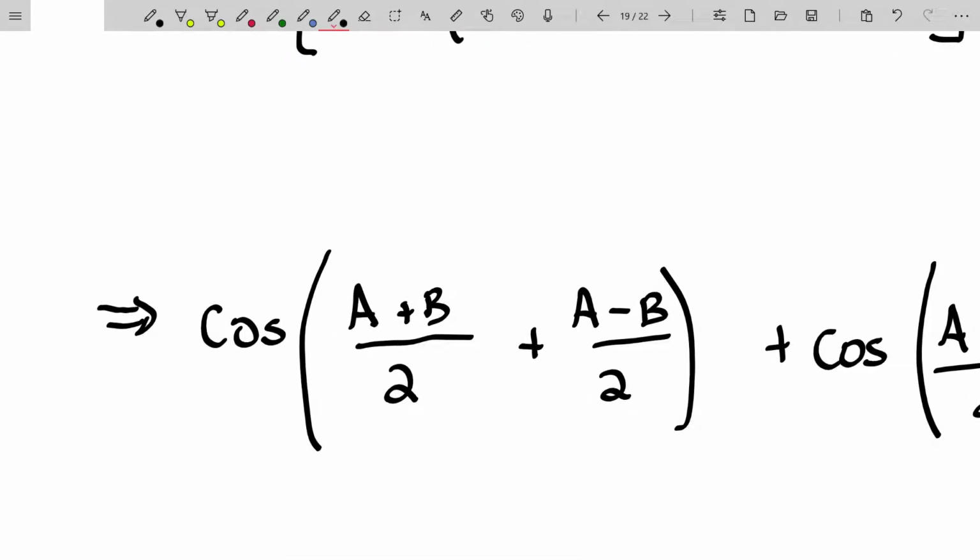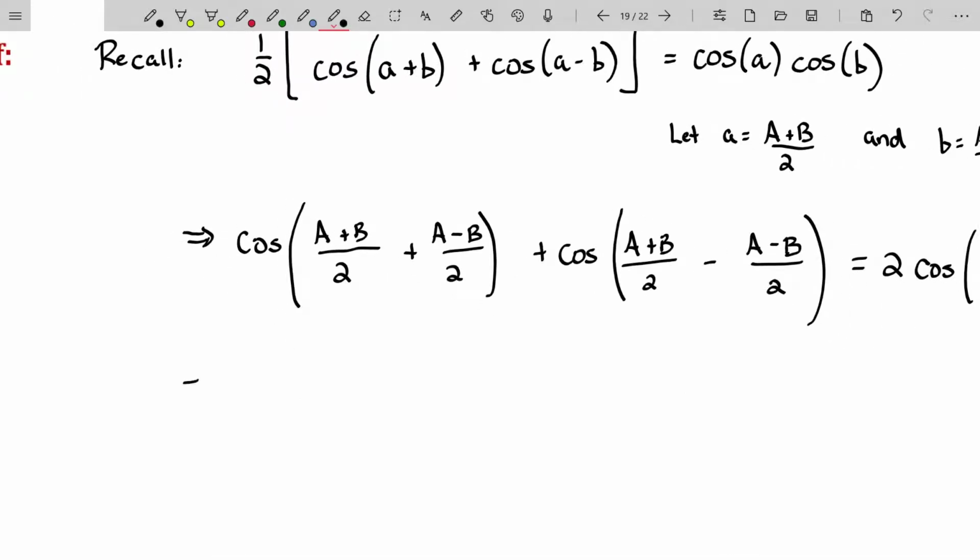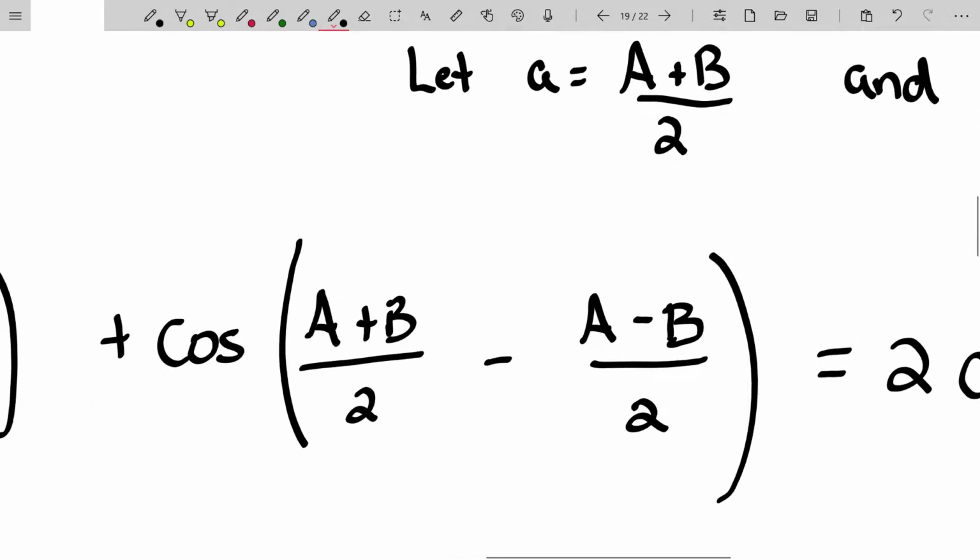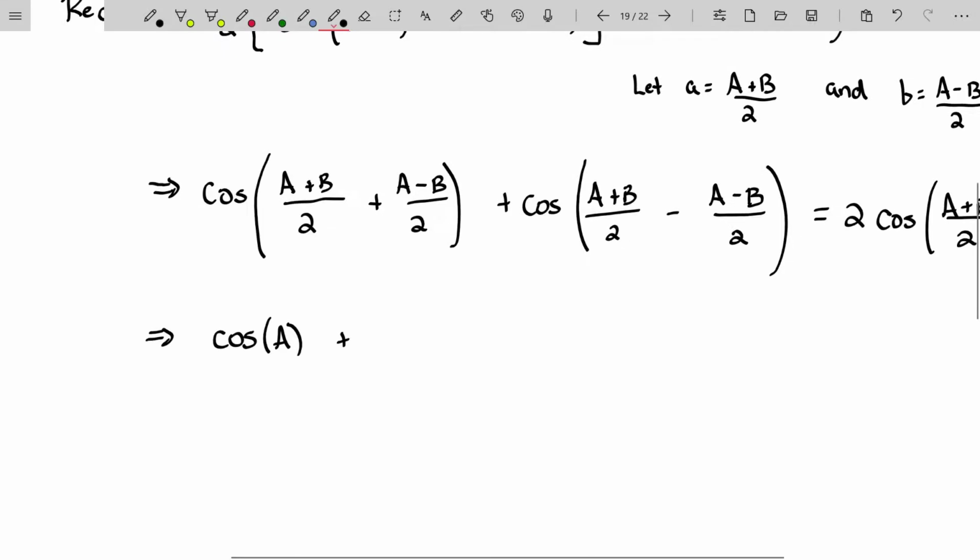All right, so we get down to that point, and if you notice here, the argument of the first cosine, you'll have 2a over 2, or just capital A. That's what that reduces down to. So the cosine of capital A plus, and then the second one, you'll have a over 2 minus a over 2. Those cancel. You'll have b over 2 minus a negative b over 2, which is 2b over 2, which is b.